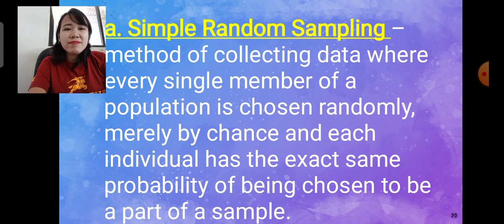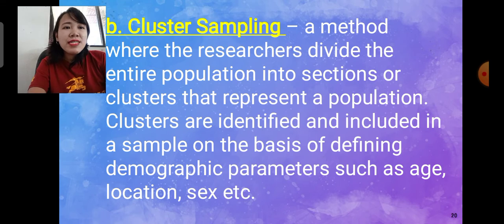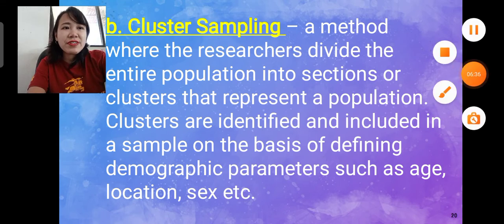Kumbaga, lahat ay may chance at ang bawat isa ay pwedeng maging respondents ninyo. Simple random sampling. Yun siya. B is cluster sampling, a method where the researchers divide the entire population into sections or clusters.